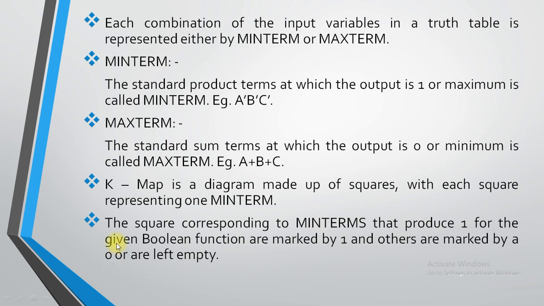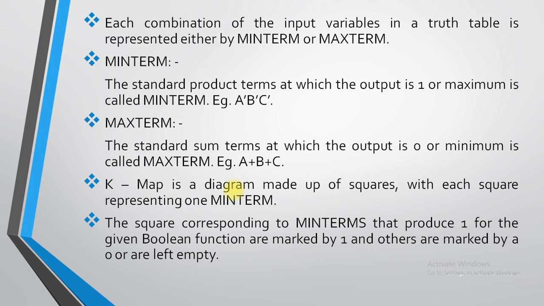At that time I will explain this particular line. But right now what you need to learn and understand is that the combination of input variables is either represented by minterms or it can be represented by maxterms.